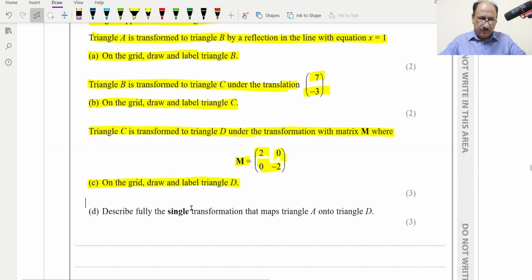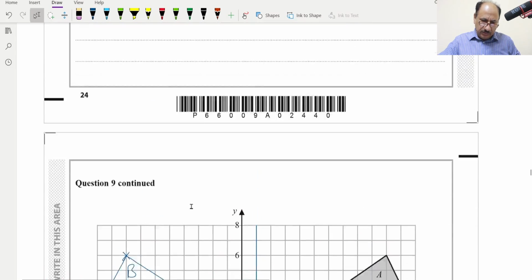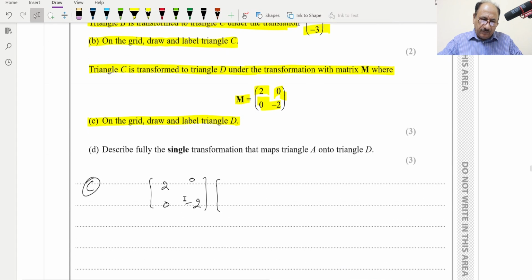For that one, this is basically the C part. C part we can solve over here. This will be C part, and matrix M is provided, which we can use, which is 2 0 0 minus 2, and then we can write the coordinates of C, because C is transformed.